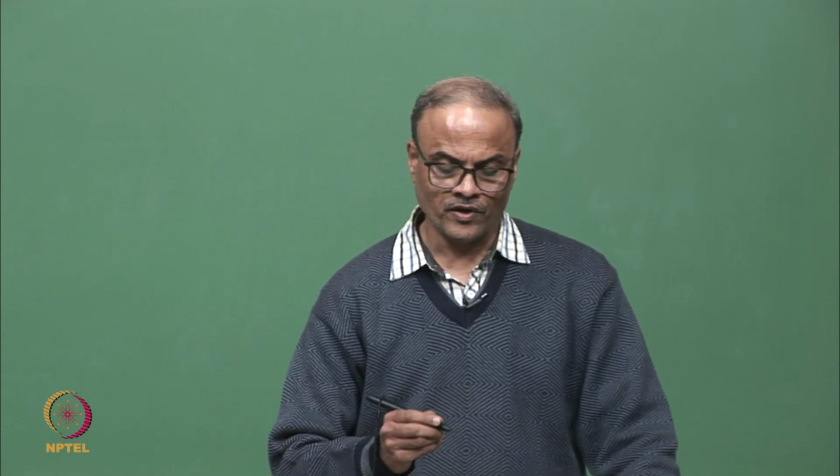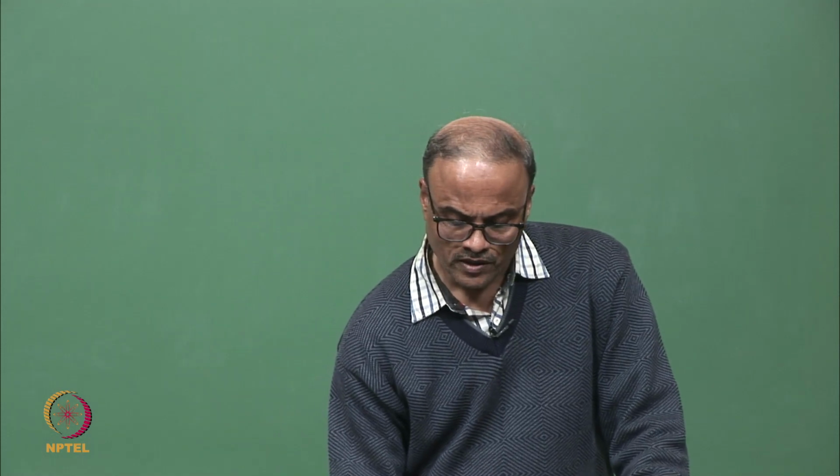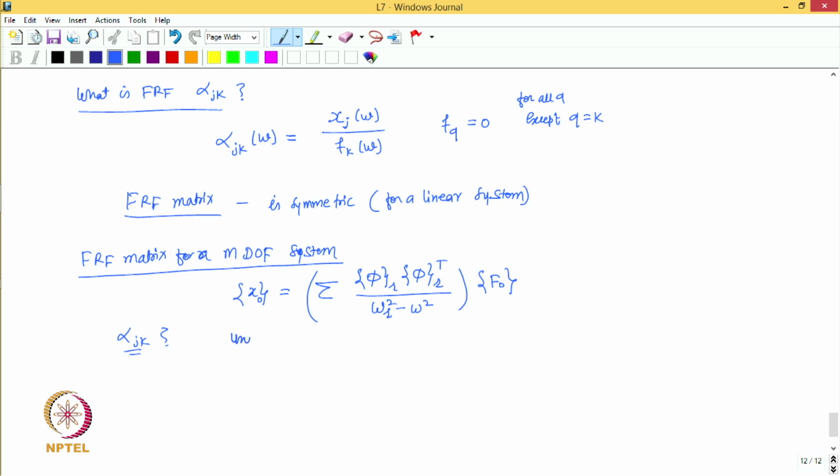So let us invoke the definition of alpha jk we just defined. Let us have a unit amplitude harmonic force at the kth DOF, right, and no force at all other DOFs.